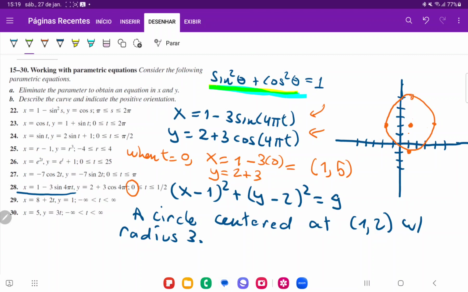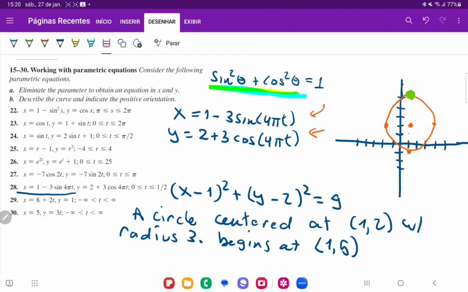And let me just label it here. So we're actually going to begin at the top of this circle, so we're going to say it begins at (1, 5). Okay. And now we have to describe what happens to its trajectory. In which direction is it going to go? Where does it end? So we can see that t is positive. Because the angles that we're going to evaluate are always positive, we aren't going to evaluate any negative angles, which means that we're going to go counterclockwise, which is the positive direction when we're talking about angles, right?